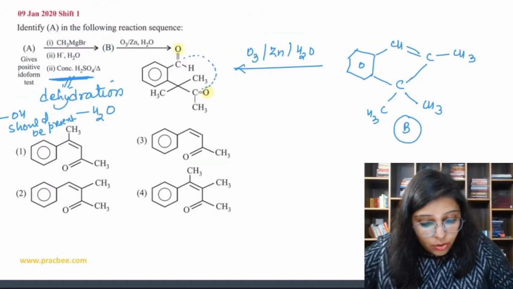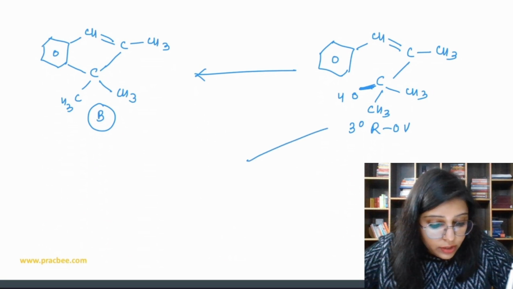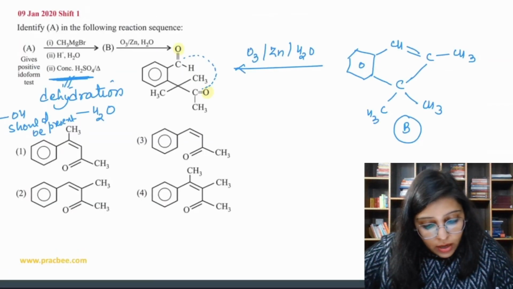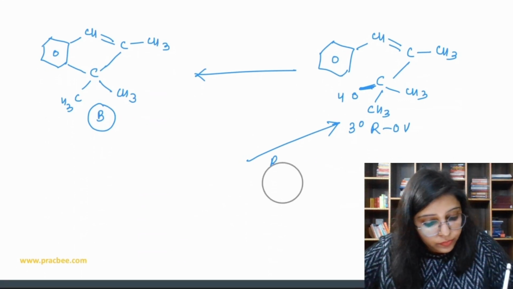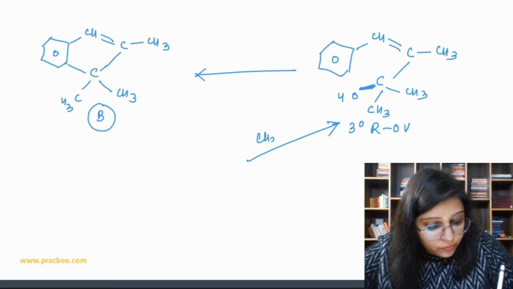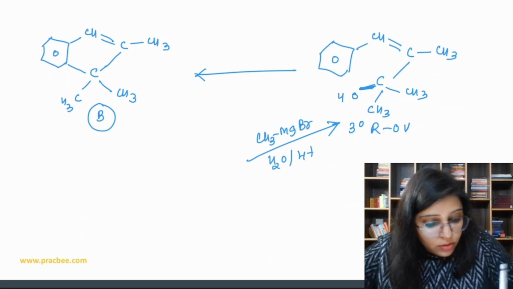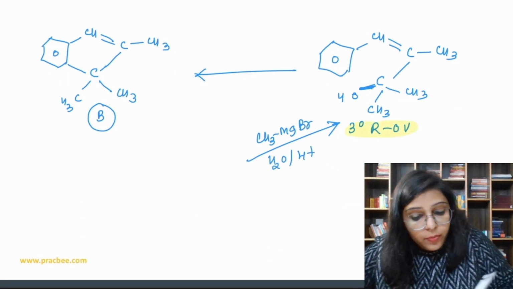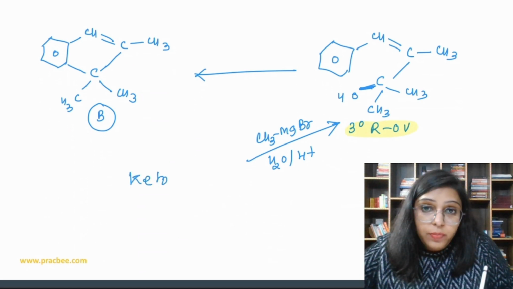Now this 3 degree alcohol is formed from a Grignard reagent, right? CH3MgBr and H2O plus. So a 3 degree alcohol is formed from a ketone.